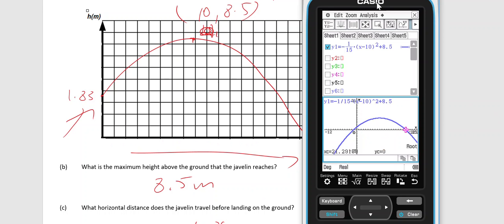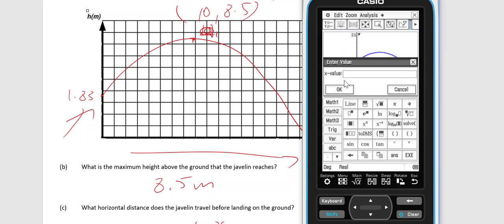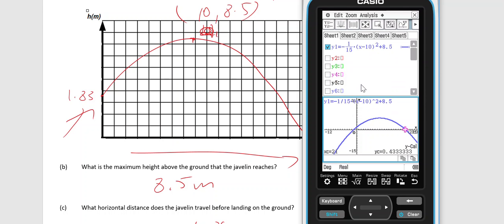Okay, so I'm going to have to use xcal, ycal. So I want to find the height at 21 meters, because she's standing 21 meters from Marita, where she's throwing the javelin. So at 21, it's 0.43 meters high.